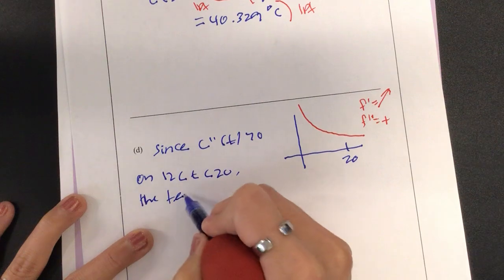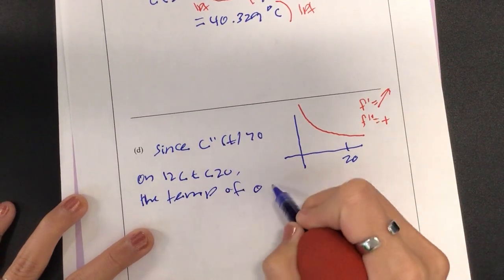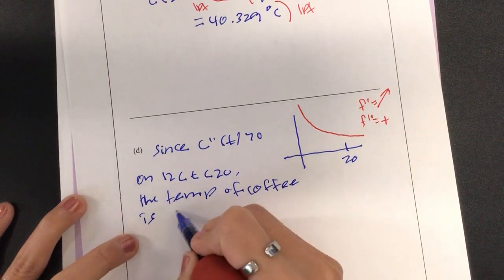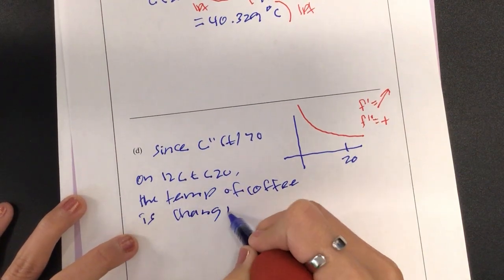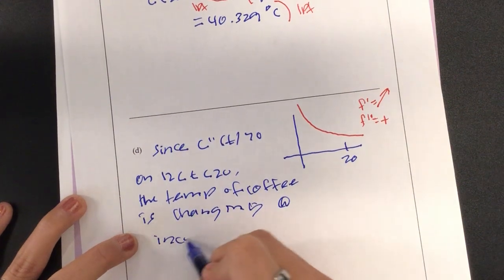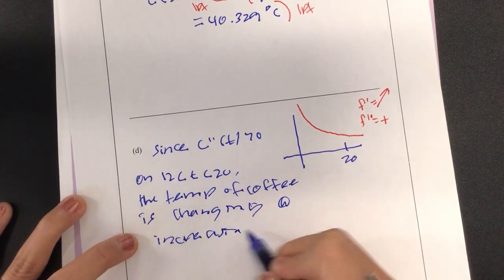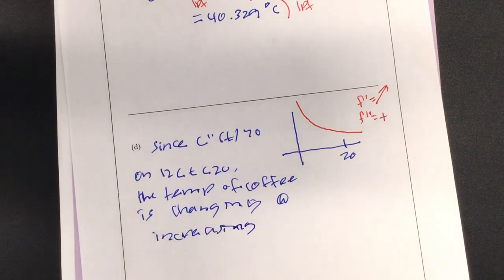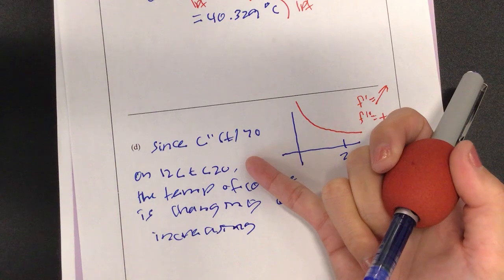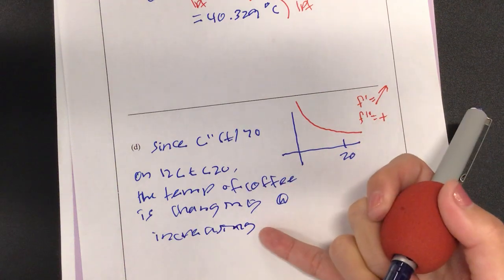The temperature of the coffee is changing at what kind of rate? Increasing rate. And that is all they want. So I want to double check. Did I mention the function? I did. The behavior of it, the interval, what is the item, and what is happening.